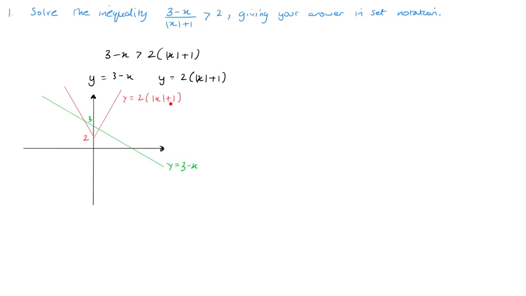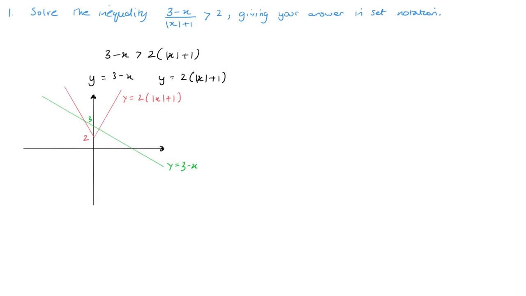And then, you know, it's crossing at 2 on the y-axis. So there we have it. We're going to have 2 points of intersection, one on the regular graph not affected by the modulus sign, and one on the part of the graph that is affected by the modulus sign.